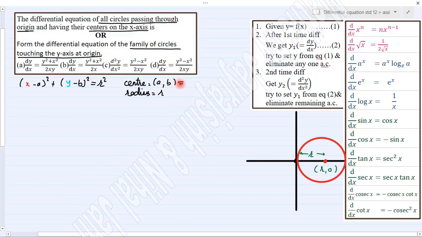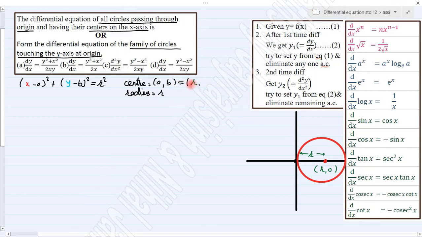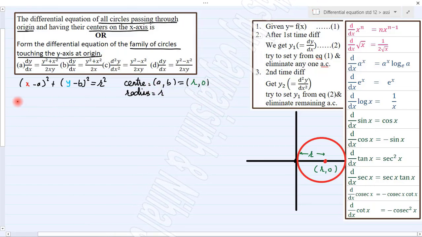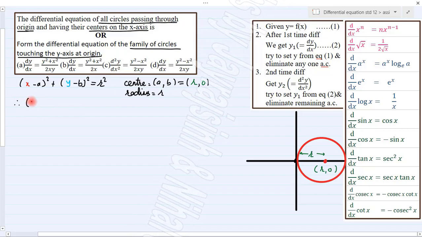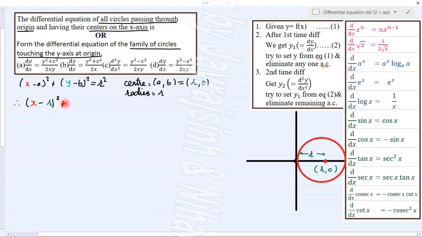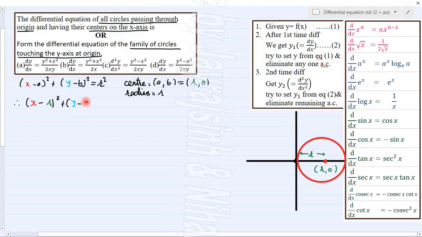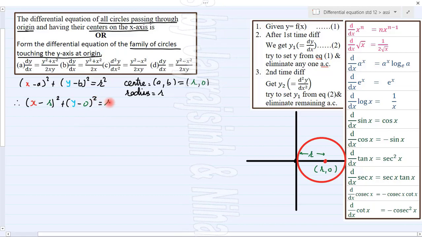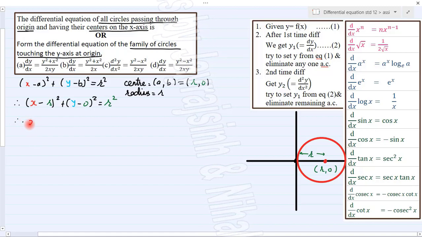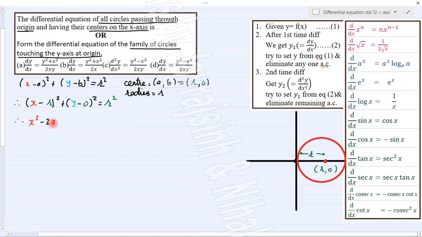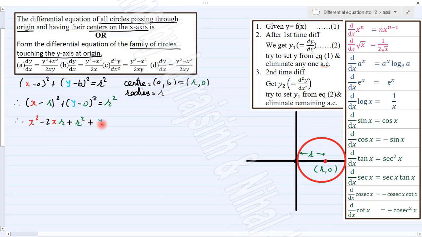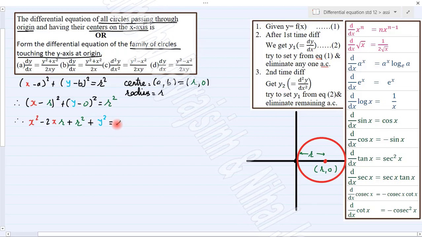Now in our question, the center is r, 0 and radius is r. So we can say the family of our curves will be represented by x minus r the whole square plus y minus 0 the whole square is equal to r square. Now we can simplify this as x square minus 2xr plus r square plus y square is equal to r square.